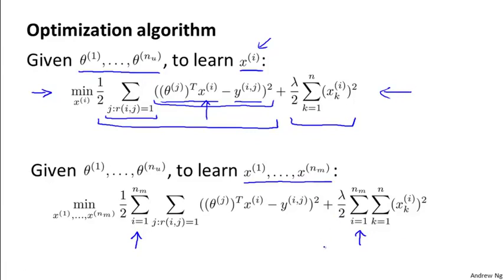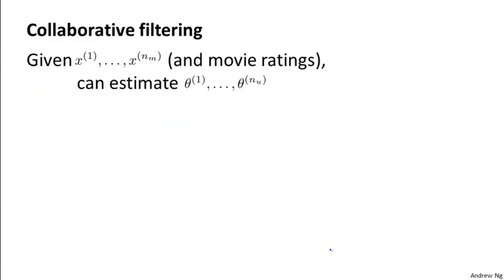So putting everything together, the algorithm we talked about in the previous video and the algorithm that we just talked about in this video. In the previous video, what we showed was that if you have a set of movie ratings, so if you have the data, the r(i,j)s and the y(i,j)s, then given features for your different movies, we can learn these parameters theta.